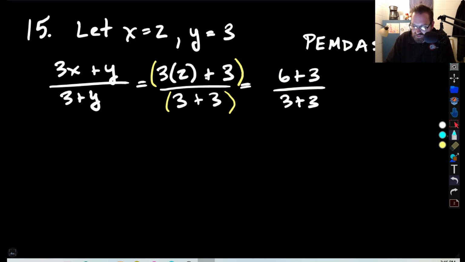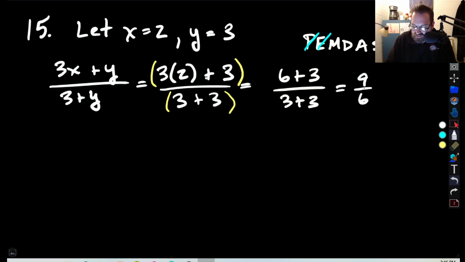You'll notice that with the order of operations, I try to do them all at the same time. I'll try to do the multiplication and division of both the top bracket and the bottom bracket at the same time. Then I'll move on to the addition and subtraction. A lot of solving these kinds of problems just involves a little strategy. So now I can do the addition and subtraction, and I'm going to get 9 divided by 6.